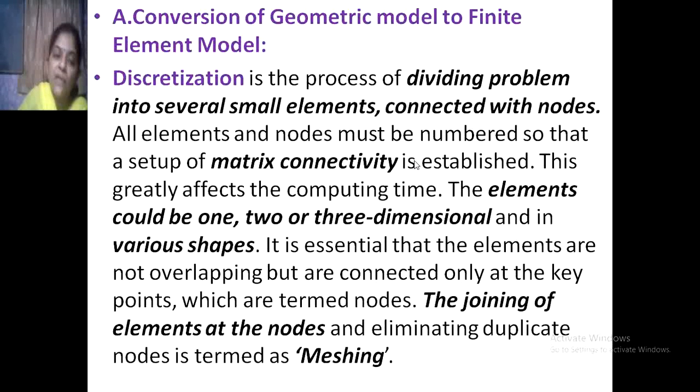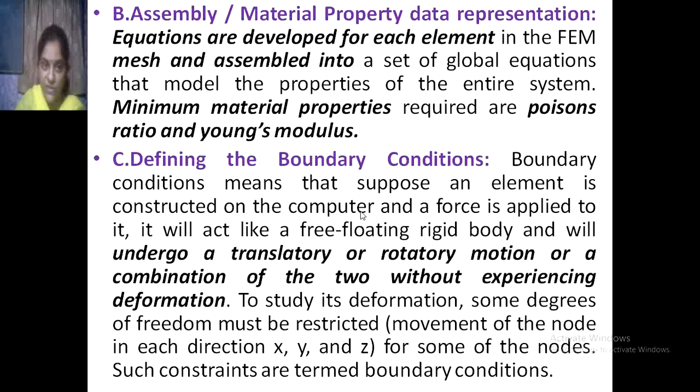The elements could be 1, 2 or 3-dimensional and in various shapes. It is essential that the elements are not overlapping but are connected only at the key points, which are termed nodes. So the joining of these elements at nodes and eliminating duplicate nodes is termed as meshing.